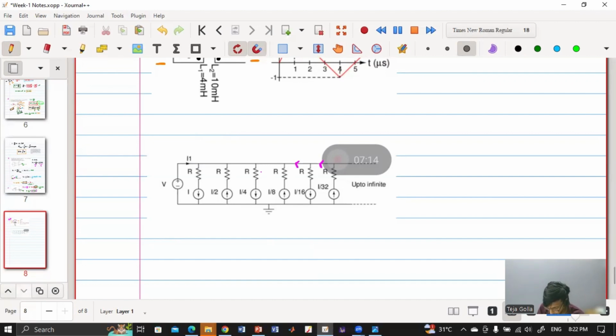So here I by 32 in this direction, and this is also I by 32. It will be 2I by 32, so it is I by 16, right? Current is going in this direction.